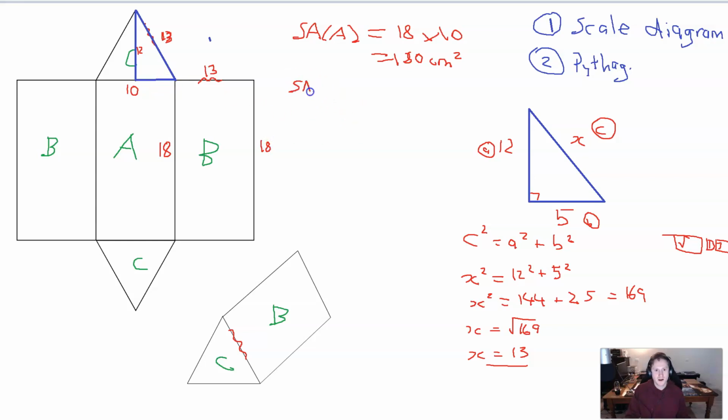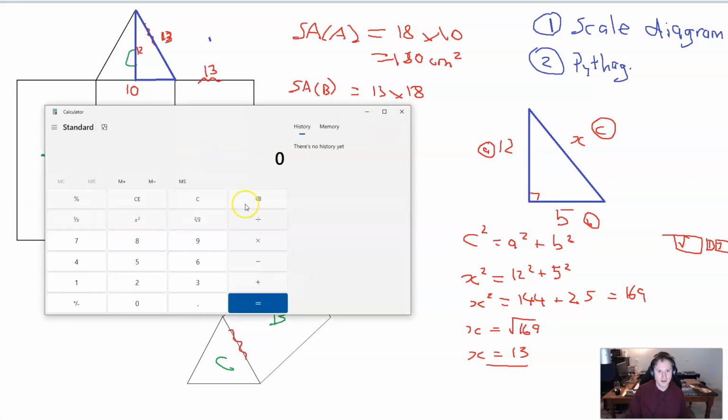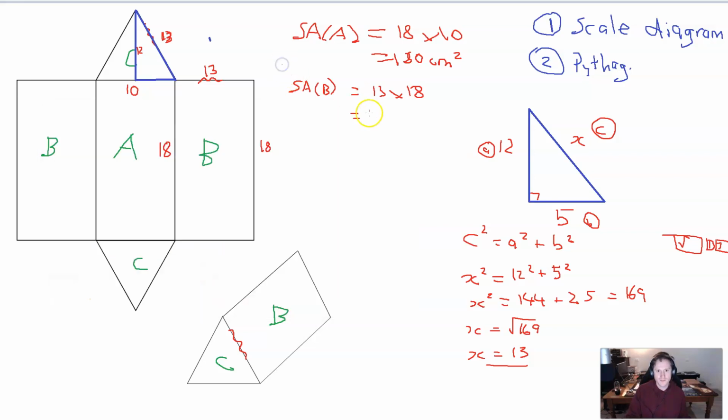So the surface area for shape B on my triangular prism is going to be 13 by 18. Okay, so 13 times 18, which I'll just have to get my calculator and figure that out quickly because I can't do that in my head. 13 times 18, 234.